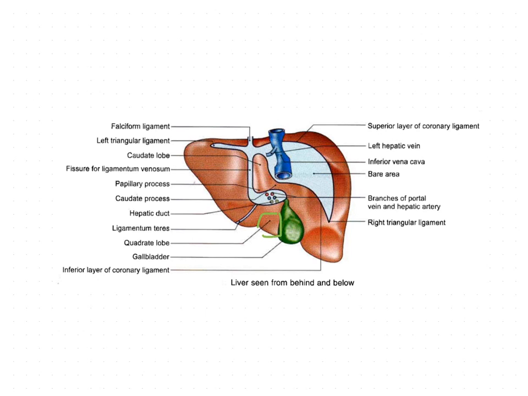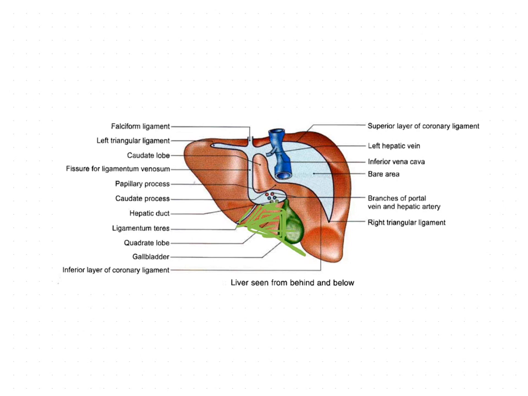It is bounded posteriorly by the hilum of the liver, anteriorly by the inferior margin of the liver, on the right side by the fossa for the gallbladder, and on the left side by the groove for the ligamentum teres. So this entire part is the quadrate lobe.